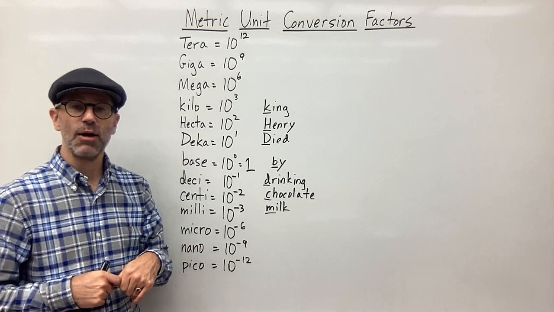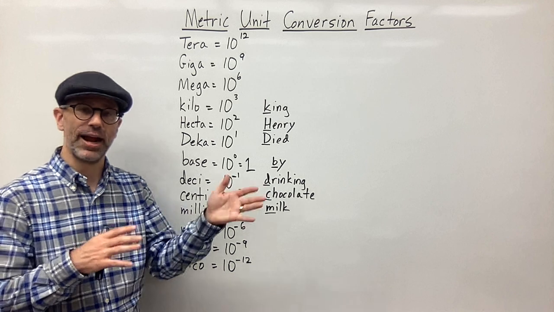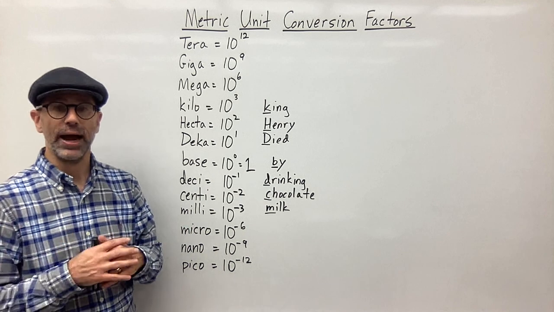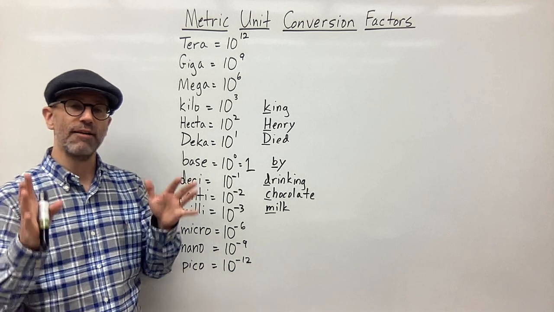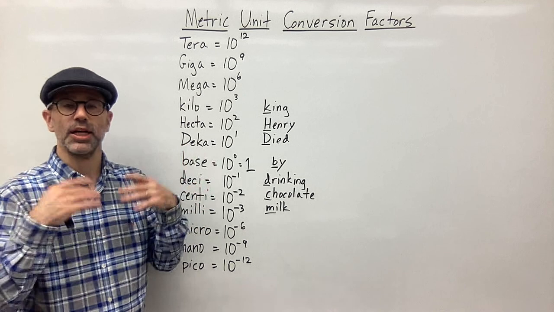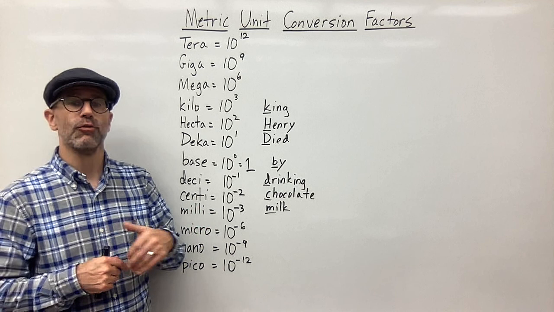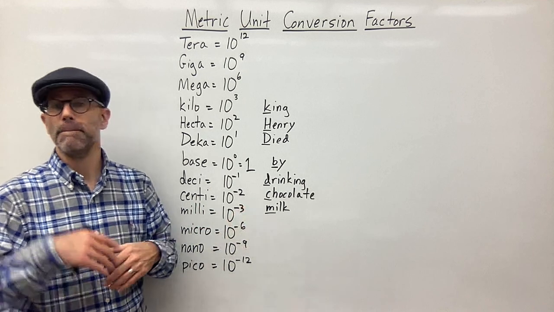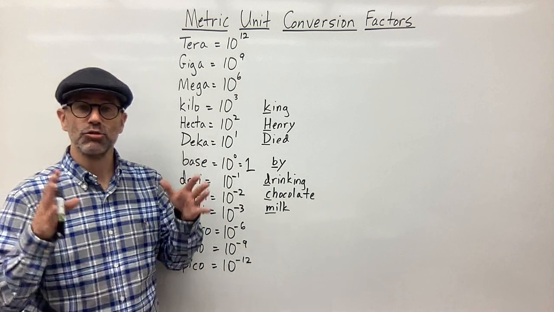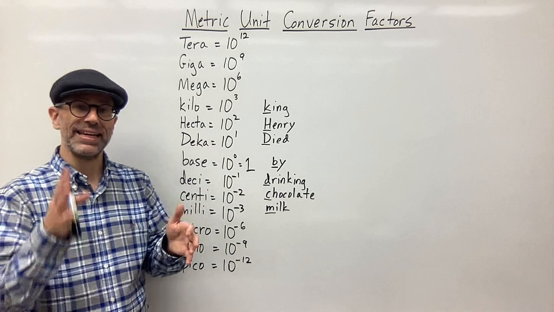So if I want to find an equality between, say, a decagram and a kilogram, both of those units have prefixes in front of them. So this method that I'm going to show you won't work for that. If you want to convert from a microgram to a megagram, you're going to have to use two conversion factors, both of which are related to the base unit.